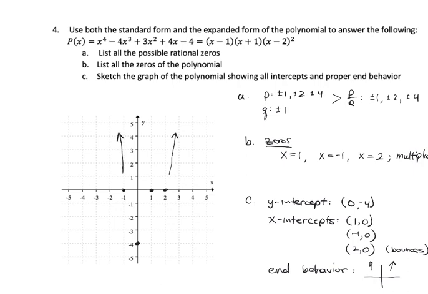So starting over here, at x equals negative 1, the multiplicity is just 1. There's one of these, so the multiplicity is odd. That means it crosses through. It's going to come down to the y-intercept, and then it has to head back up towards this x-intercept.